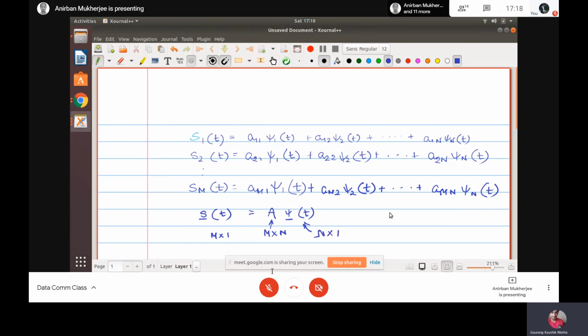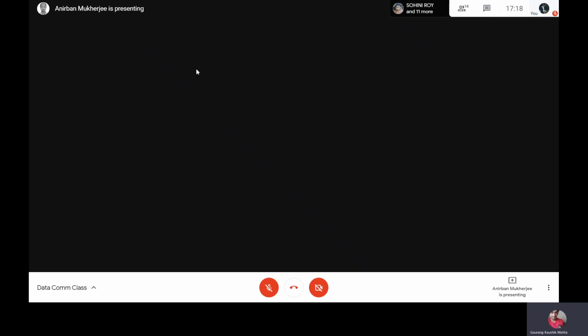Now when I calculate aij, it is the ith row, that means the integral of S i t psi j t, and that's it, from 0 to T.